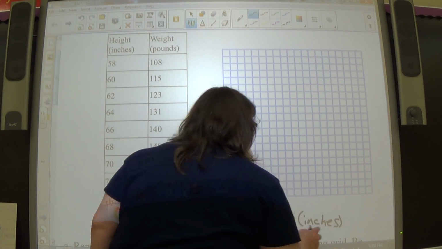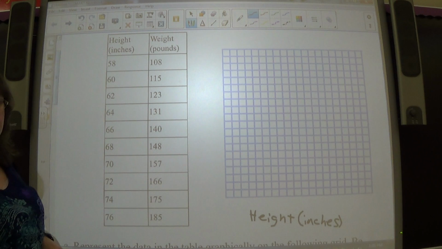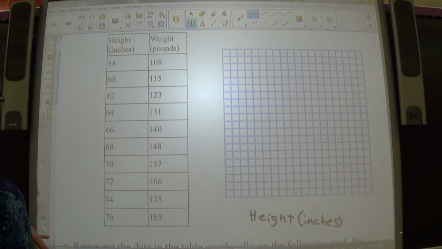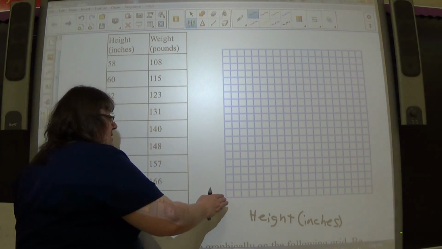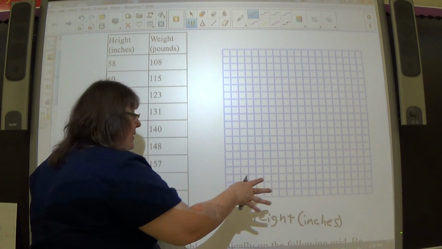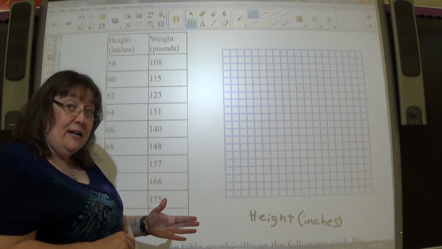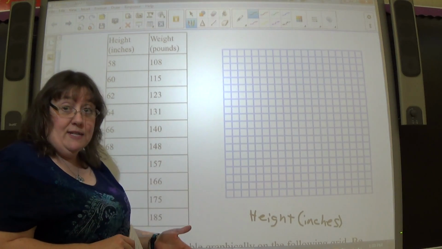Okay? Now I need to scale it. Now I'm going from 58 to 76, okay? And most of the increments are in 2. But I don't want to just go 58, blah, blah, blah, right? I want to go up so that it's going to fit nicely, but also have a good scale.